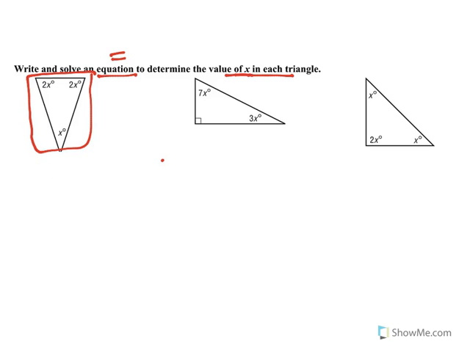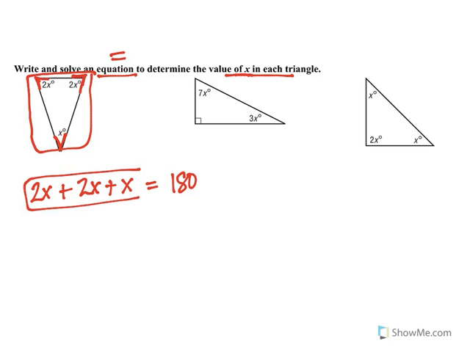2x. If I add this one, 2x, plus this one, 2x, plus this one, x. I know that if I add all angles in a triangle, it's still going to give me a total of 180 degrees. But I have many x's. How many x's do I have?